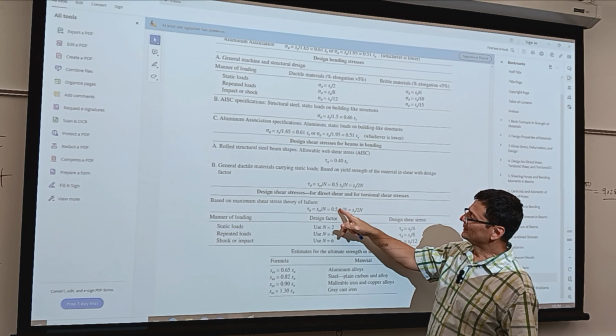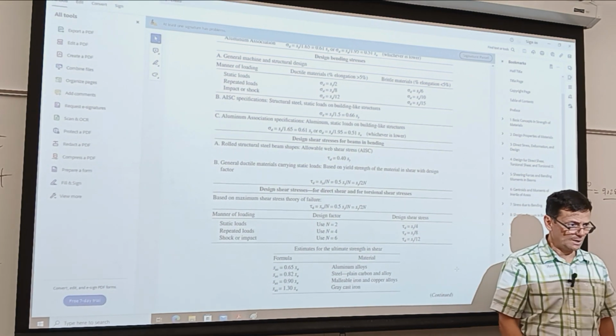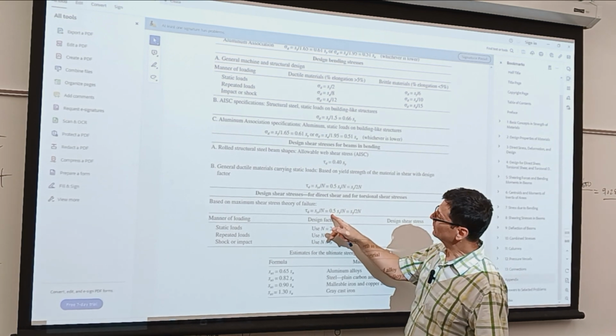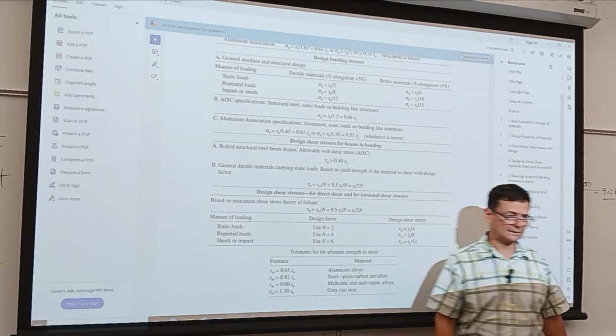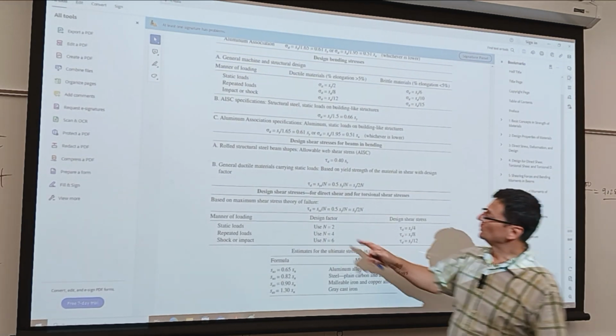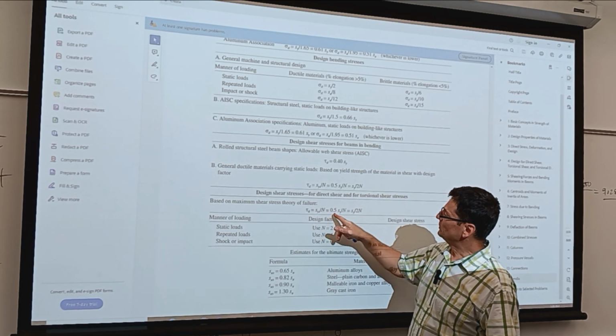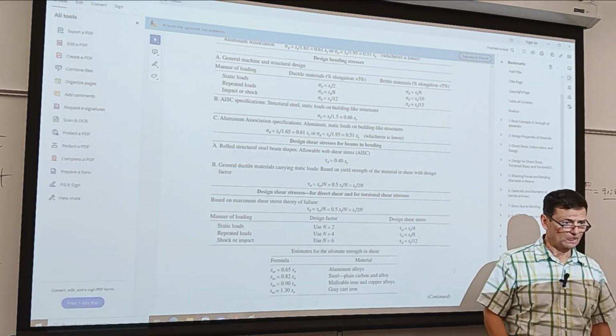And for ductile material, there's a better approximation that goes 1 over square root of 3, which is 0.577. So sometimes we're going to use that other approximation. Well, not in this class, but yield strength in shear being 0.577 times yield strength in tension.